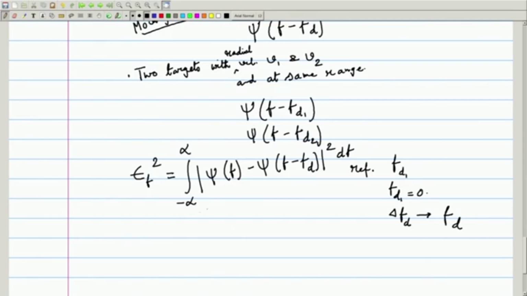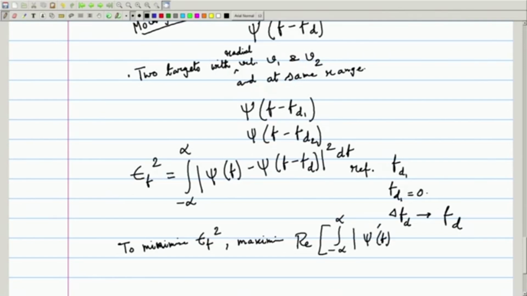So, finally, to minimize the square error, ultimately I will have to maximize the real part of the integral from minus infinity to plus infinity of psi star f psi f minus f d d f.